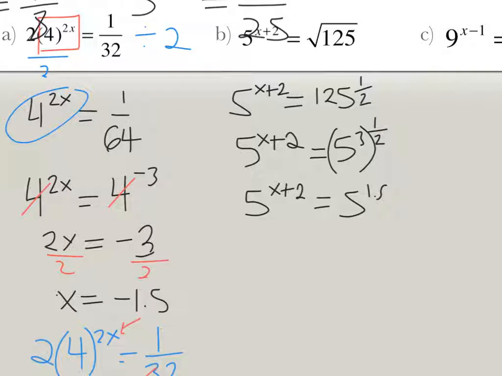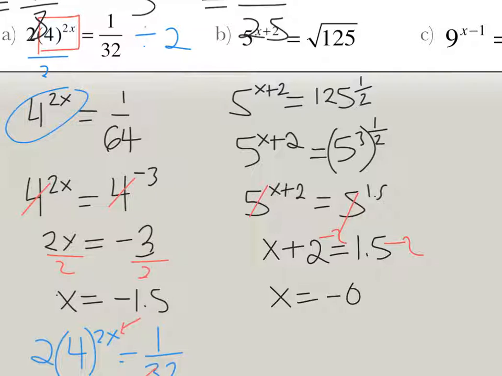So I cancel them off. Canceled, canceled. And I'm left with just x plus 2 equals 1.5. Okay, now what do? Take away 2. So I subtract 2 from both sides, and I get x equals negative 0.5. Okay, and that's everything.